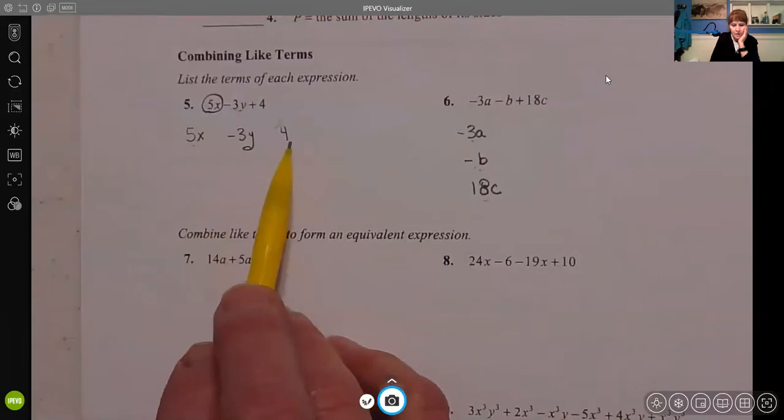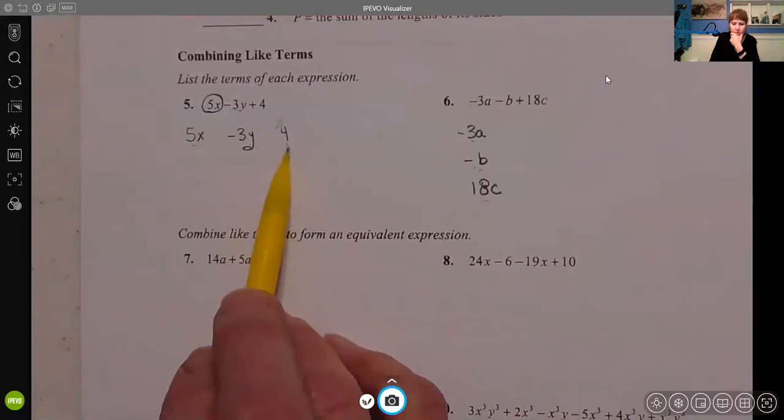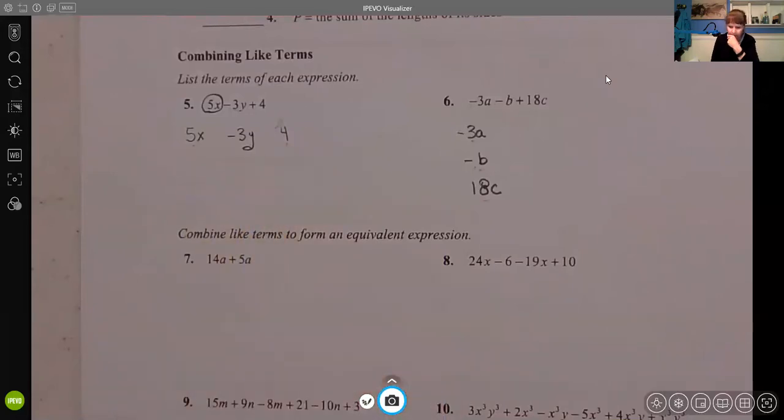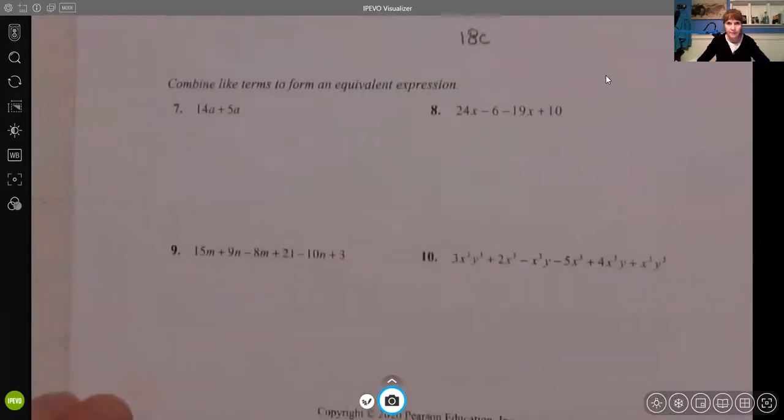And the last one actually has a degree of 0, but this is just a constant. Okay, we'll just call that a constant for right now. Now, if the terms match in variables, you can combine the coefficients in front, which brings us to number 7.